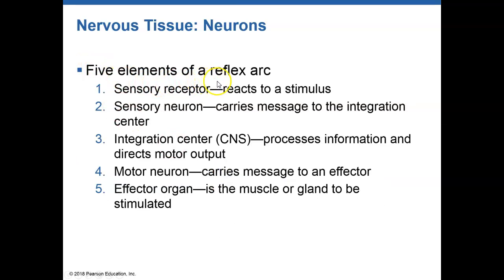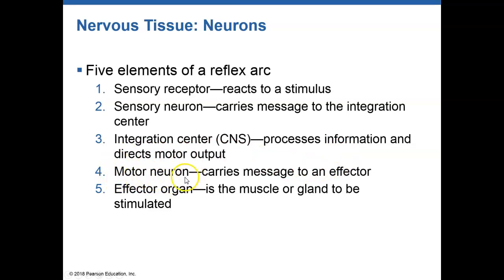There are five basic parts to a reflex arc. We have sensory receptors that take in a stimulus. These sensory receptors send signals through sensory neurons, or afferent neurons, to the integration center in the CNS. The integration center then processes that information, decides what to do, and sends a response through motor neurons.